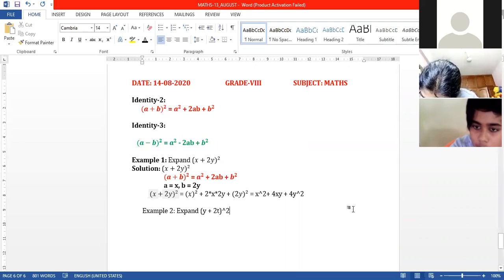Start solving, everyone. Expand y plus 2t whole square. Again, this is looking like a plus b whole square. Write down identity. Solution. Start solving, everyone, along with me.